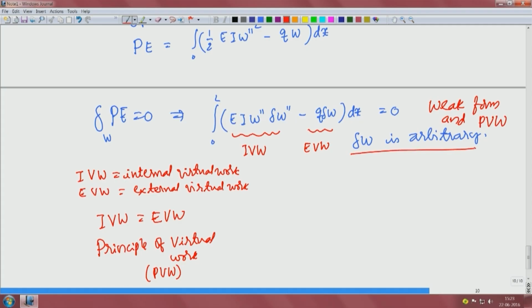Note that delta W is arbitrary. When it is arbitrary, let us say at equilibrium this must be true, let us take it as W itself. Okay. When we do that, what this gives us is 0 to L E I W double prime, delta W double prime is W double prime, so that becomes square, dx is equal to 0 to L Q into delta W dx.